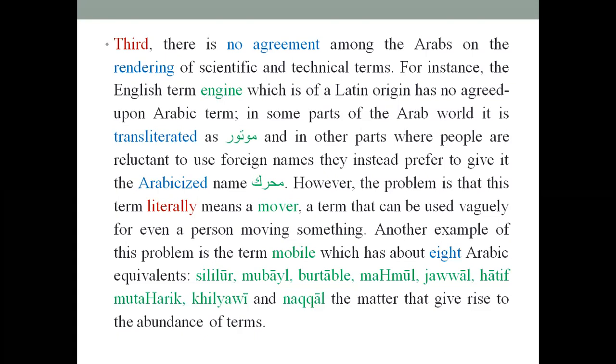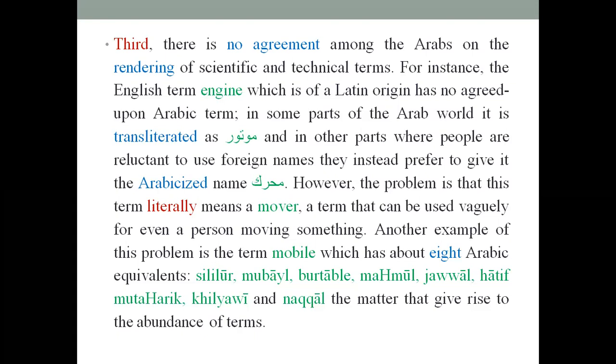So we have no consistency in the Arabic language regarding translating scientific or technical terms. For example, mobile is only one word, but in Arabic we have more than five or six equivalents for the same meaning.